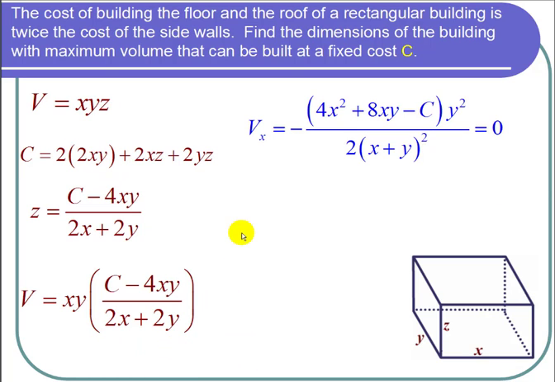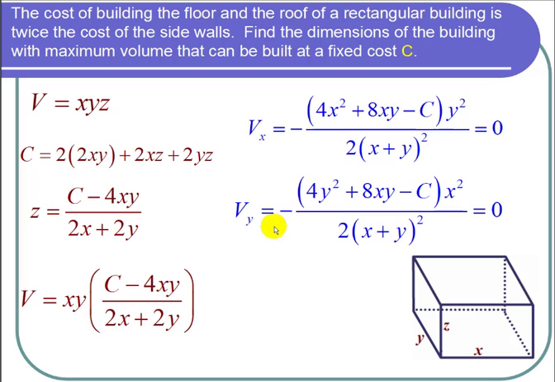What I got was that V sub x is negative 4x squared plus 8xy minus C, all times y squared, over 2 times the quantity x plus y squared equals 0. And that V sub y equals negative 4y squared plus 8xy minus C, all times x squared, over 2 times the quantity x plus y squared, and that is set equal to 0.